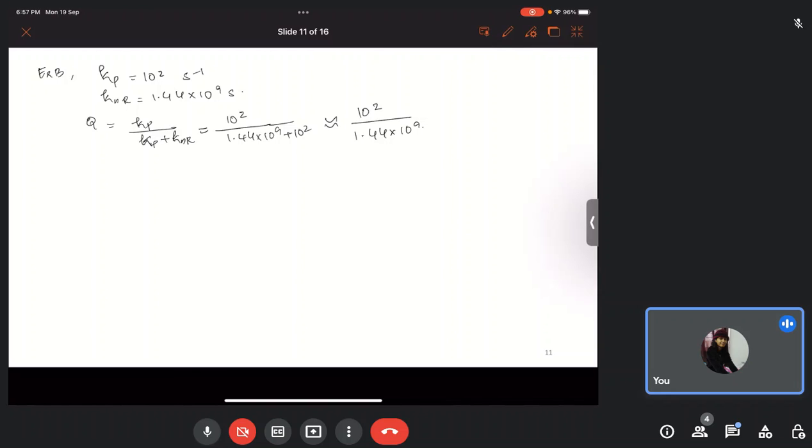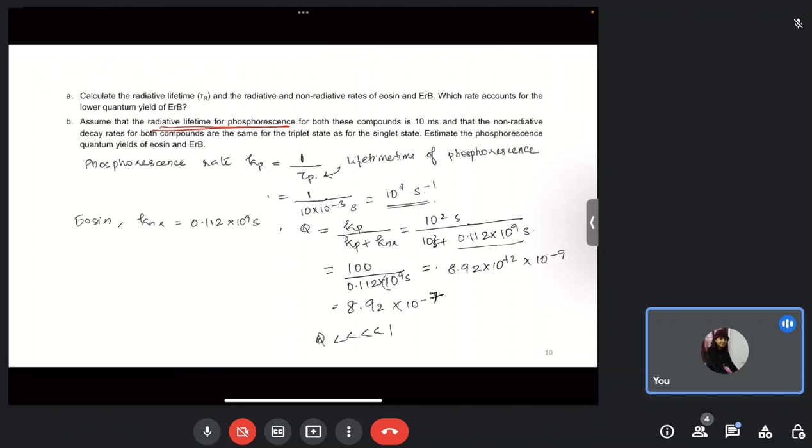This comes to be 6.9 into 10 to the power minus 8, since it doesn't have any unit. So this is also way much less than 1. So that's why we don't see any phosphorescence emission for these sort of molecules.